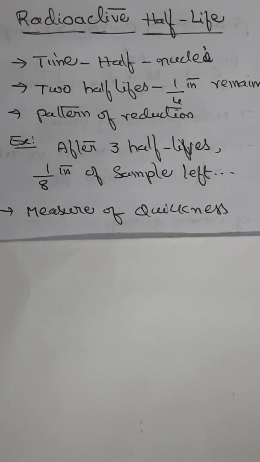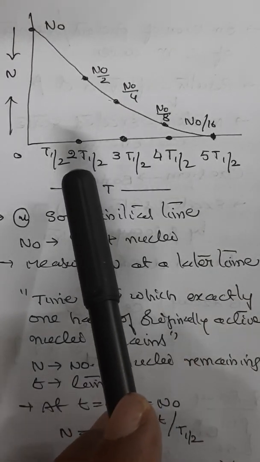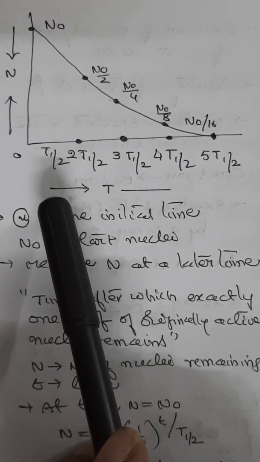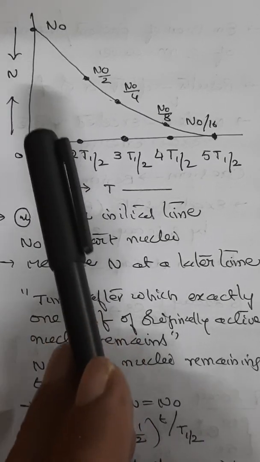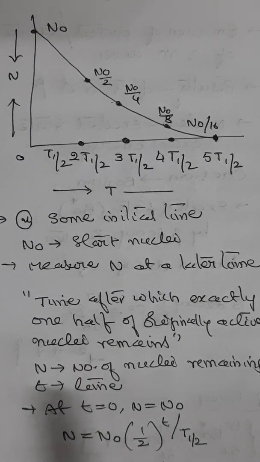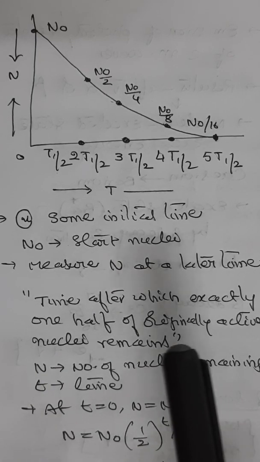For example, this shows exponential decay of radionuclides with time on the x-axis and number of nuclei left on the y-axis. To understand this, consider the decay process like this.